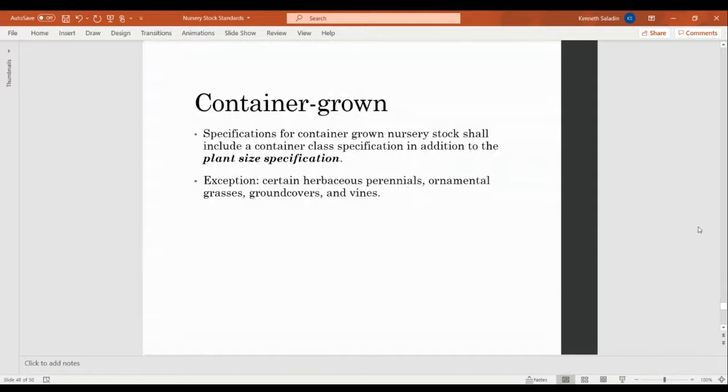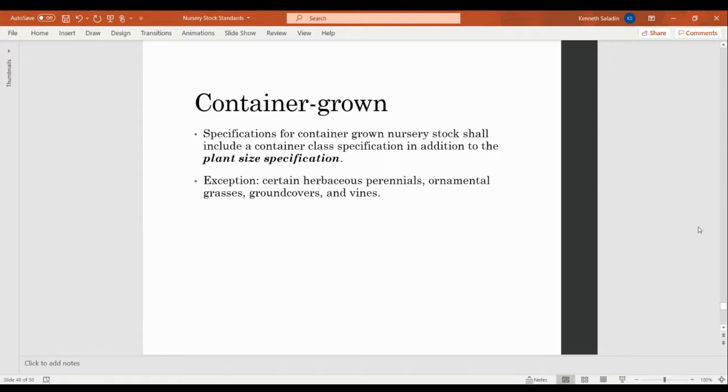And plants that are grown in containers. So when you're talking about container grown plants, specifications for container grown nursery stock shall include a container class specification in addition to the plant size specification. So what does this mean?